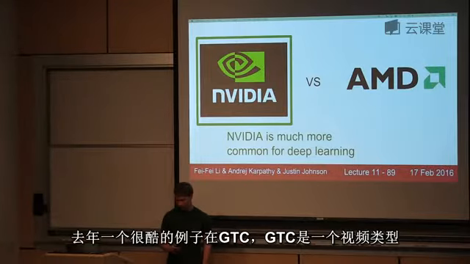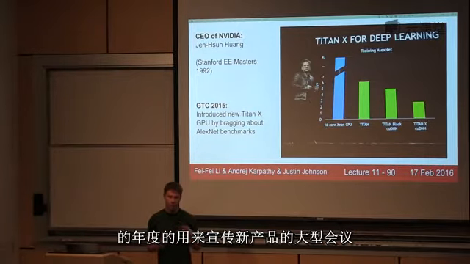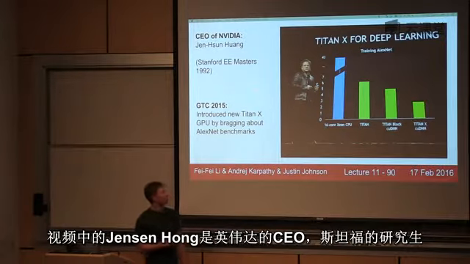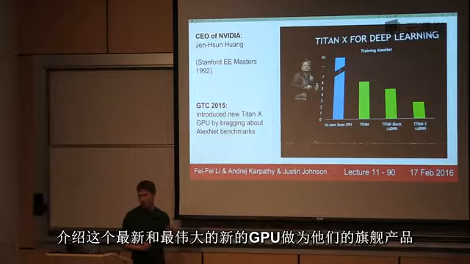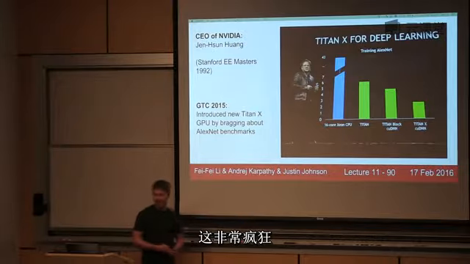So as a cool example of that, last year at GTC, which is NVIDIA's yearly big, gigantic conference where they announce new products, Jensen Huang, who's the CEO of NVIDIA, and actually also a Stanford alum, introduced this latest and greatest new GPU called the Titan X, like their flagship thing. And the benchmark he used to sell it was how fast it can train AlexNet.